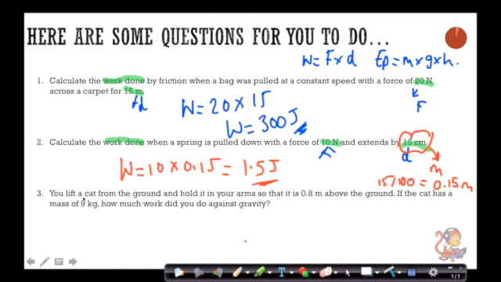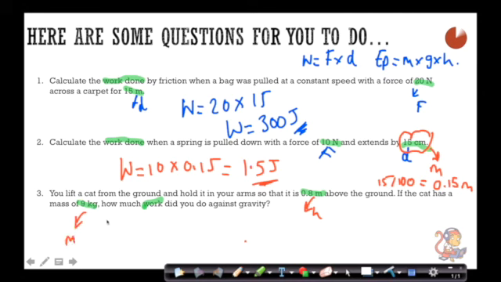Final question then. You lift a cat from the ground and hold it in your arms so that it is 0.8 metres above the ground. If the cat has a mass of 9 kilograms, how much work did you do against gravity? So they're asking you to calculate work, but they've given you a height and a mass.